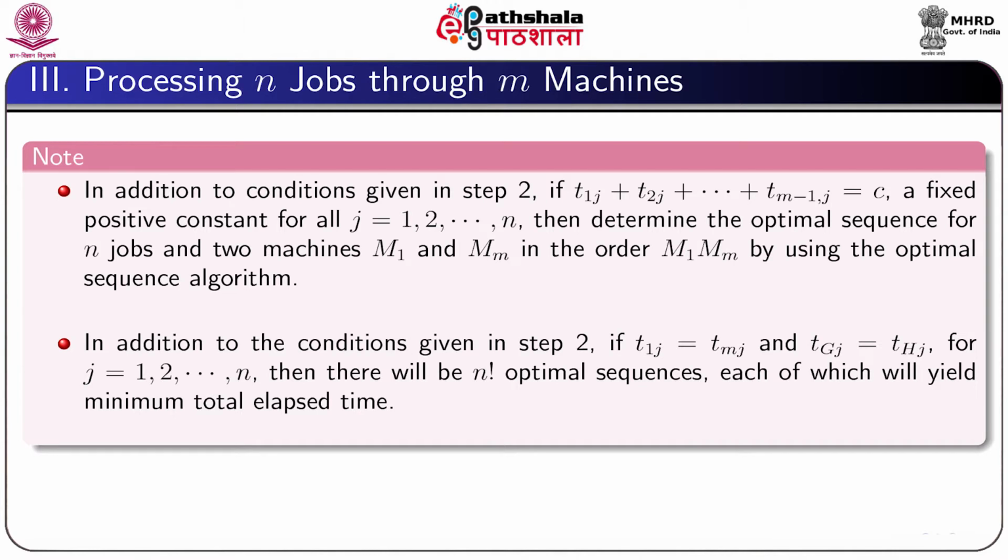In addition, if T1j equal to Tmj and Tgj equal to Thj for j equal to 1 up to n, then there will be factorial n optimal sequences, each of which will yield the minimum total elapsed time.